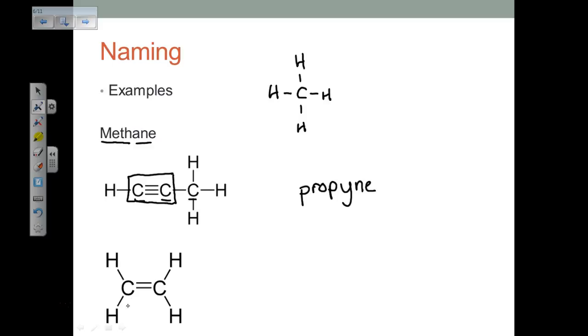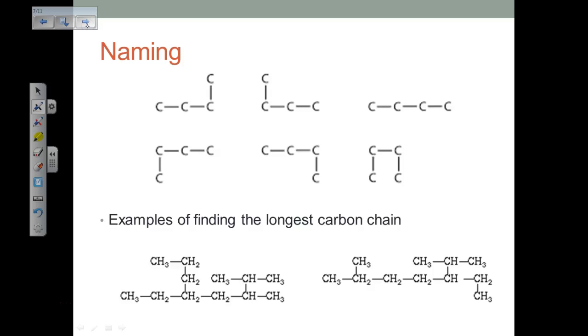And now here's a 2 carbon chain, that's eth, meaning 2 carbons, and then there's a double bond there, so that's an alkene, so it ends in ene: ethene. A lot of these may make a little bit of sense, and that's kind of the point.